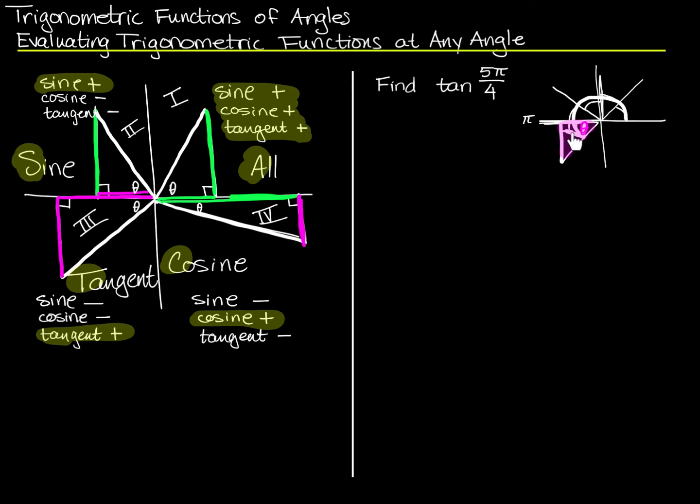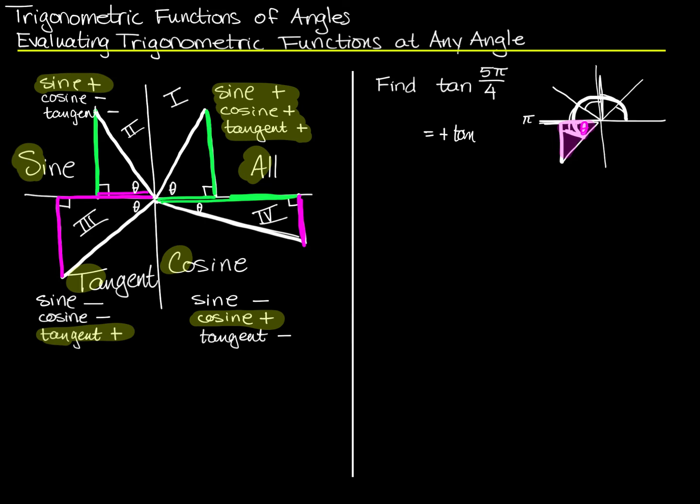And tangent is opposite over adjacent. So I have opposite over adjacent, which is going to be negative because it's down here. And adjacent, that's negative as well. And so my value is going to be negative over negative, which is positive. But it's going to be the same as the tangent of the reference angle.